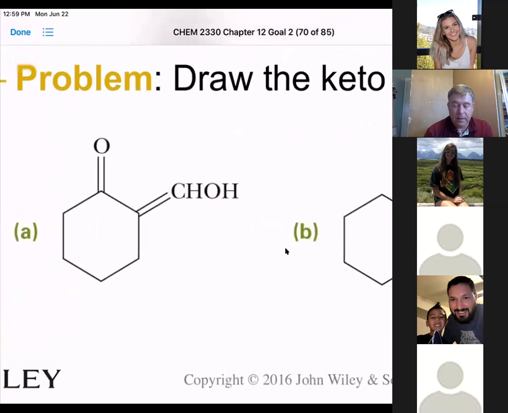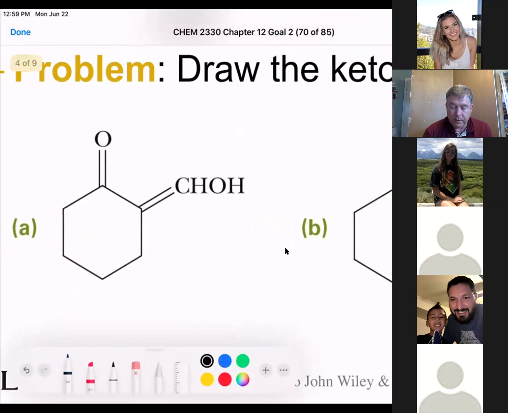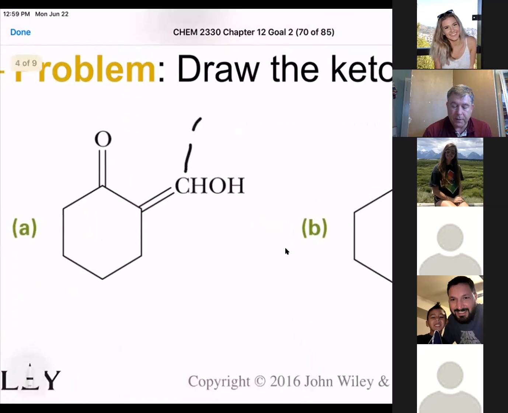Okay, so if we redraw this one right here to show you that the OH is up here, it makes it easier to show you where that enol-keto would be, which means the carbonyl is going to end up on this bond, and this is going to turn into a single bond.